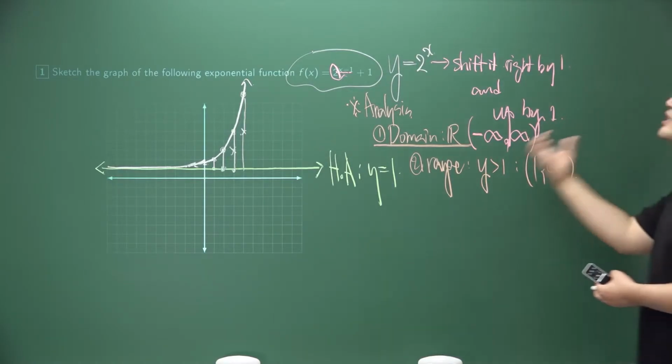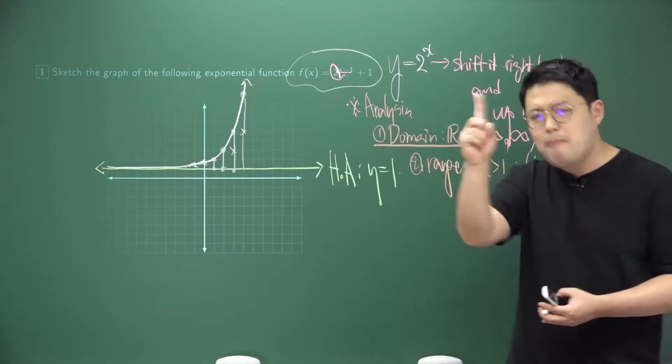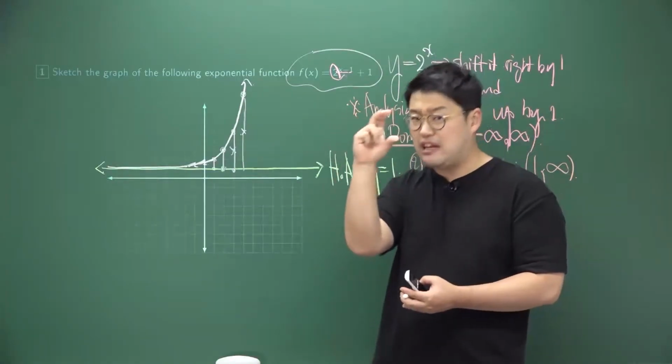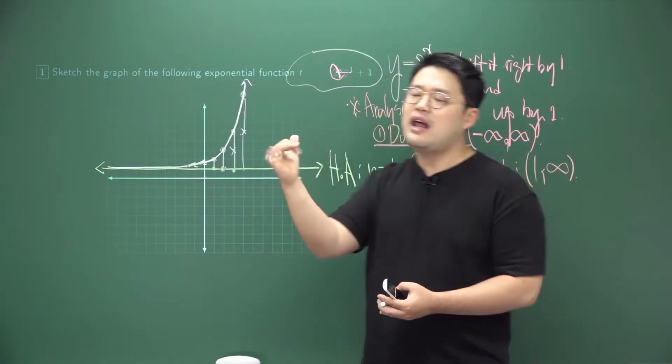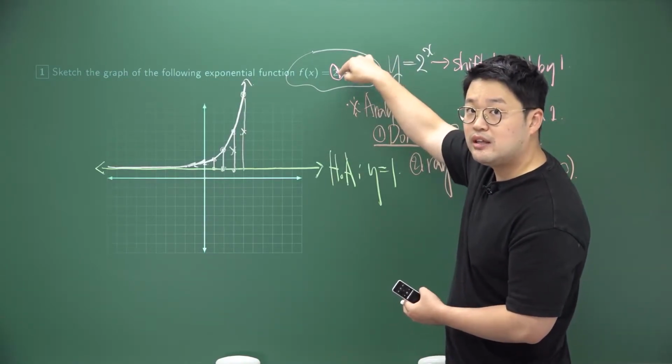So this is how we sketch the graph of an exponential function using the multiplication rule. Remember that we always have the vertical segment of length 1. We start from there, and as we move to the right, we always multiply by the number in the base.